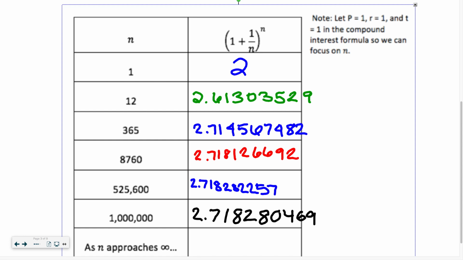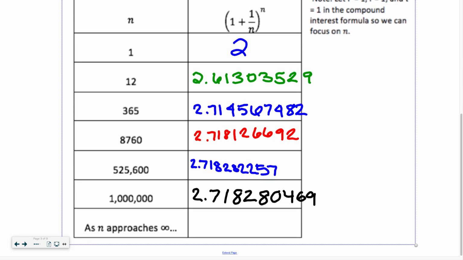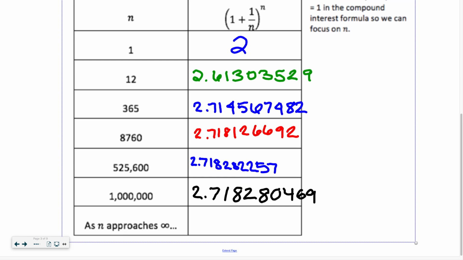Okay, excellent. You can take a peek up at the top and see if your decimals are agreeing with ours. What we should be noticing is that we are really increasing the value of N, getting big, and as we get bigger and bigger, we're noticing less and less change, which makes sense based on what we've talked about with exponential functions.